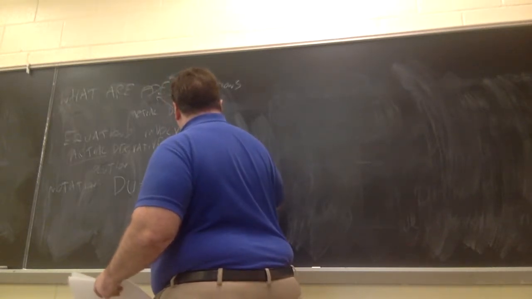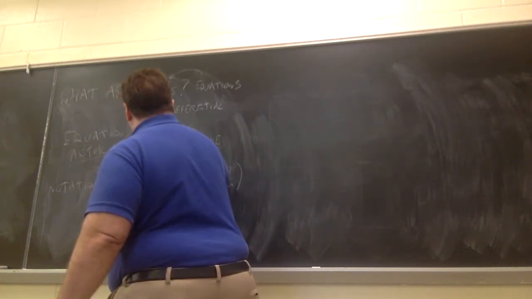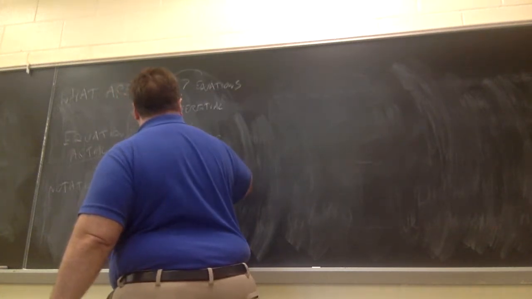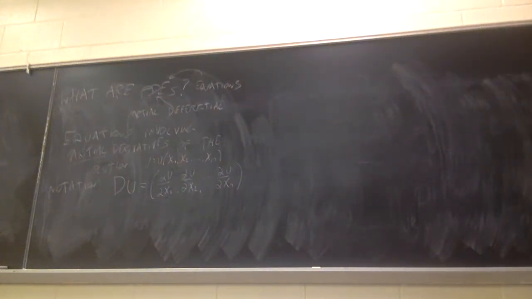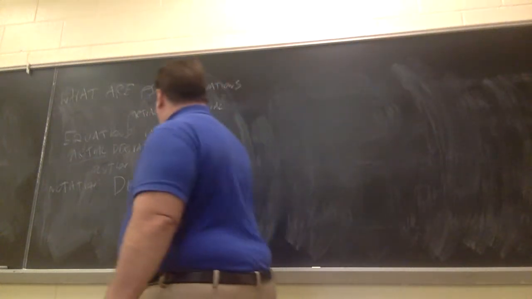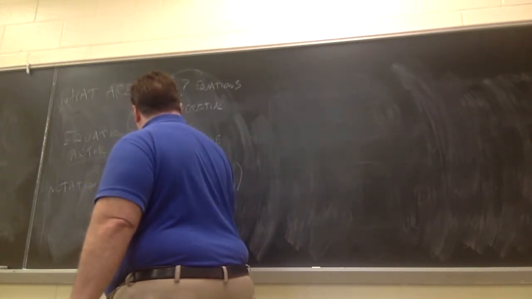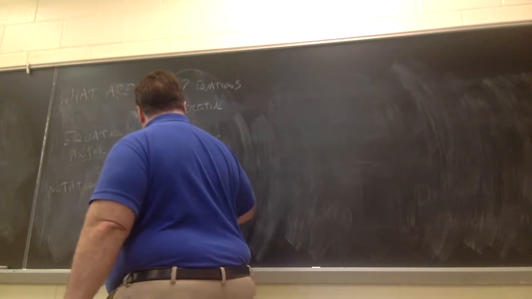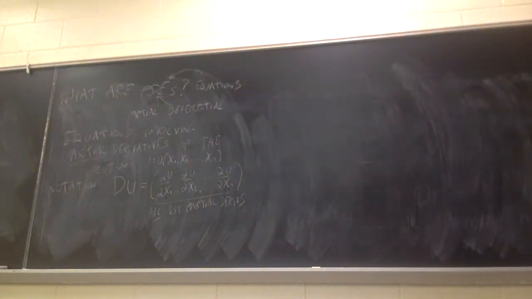So we would assume it's a function of n variables altogether. So capital Du would refer to all first partial derivatives. You can think of it as a list or vector containing all of those partial derivatives.